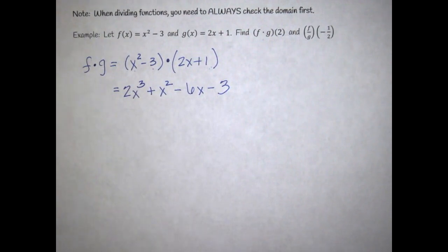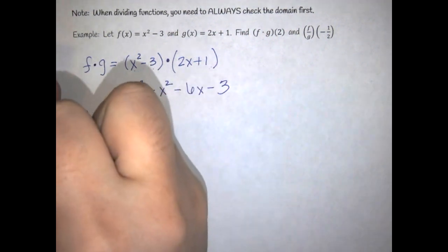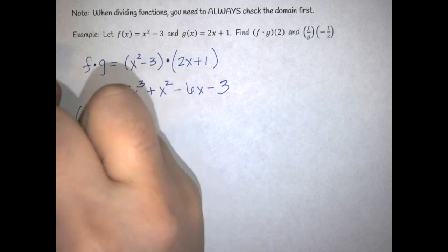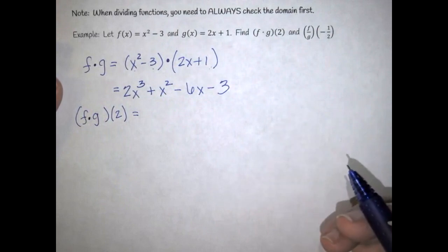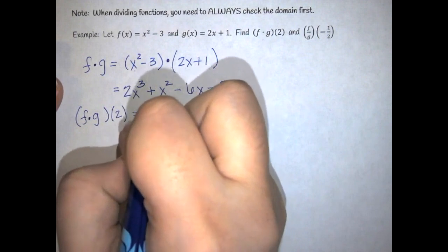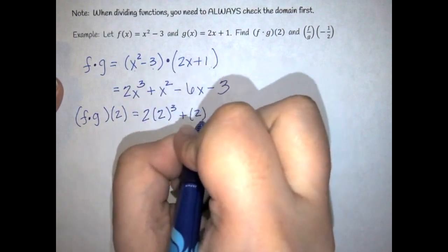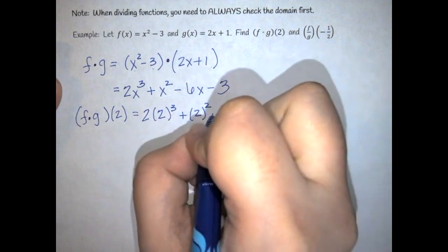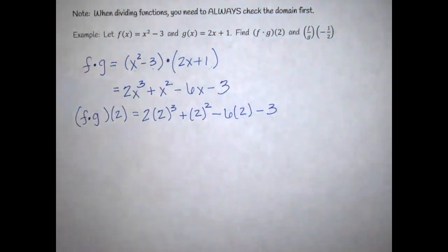So now the only thing I have to do is finish out the evaluation piece. So here I have to do f times g evaluated at 2. So again, this means anywhere you have an x, you have to input 2. So this becomes 2 times 2 cubed plus 2 squared minus 6 times 2 minus 3. Okay, so we have input that 2 everywhere we needed to.